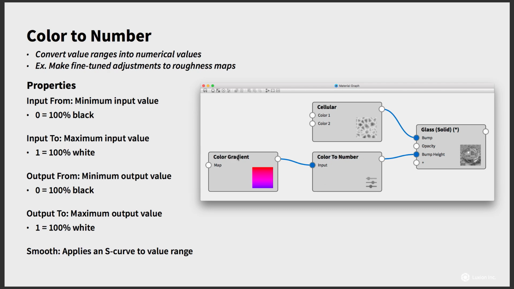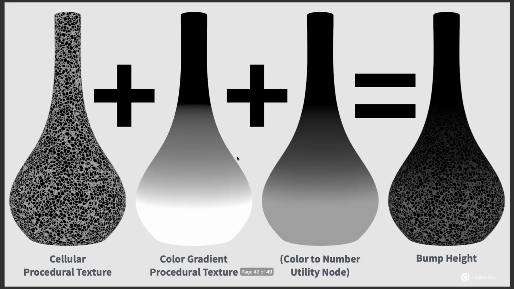In this case, we have an illustration of this. On the very left-hand side, we have a piece of glass, and we've got this procedural texture on it as a bump texture. But in this case, what we wanted to do was fade from completely smooth glass to one with a bump texture.